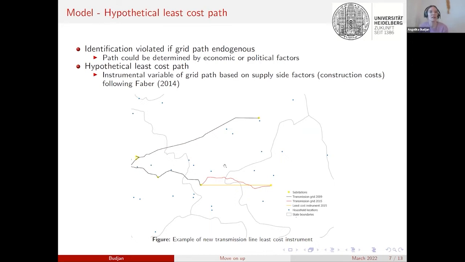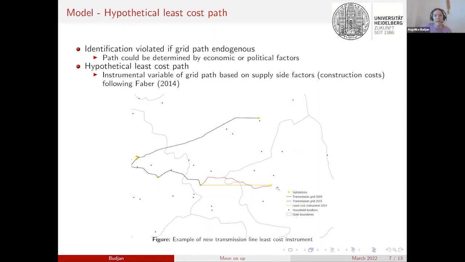And that's why, in addition to controlling for the control variables and the fixed effects, I constructed a hypothetical least cost path that is based on a paper by Faber 2014, who invented this approach for road infrastructure that basically isolates the supply side factors of constructing infrastructure by looking at the characteristics of the terrain.